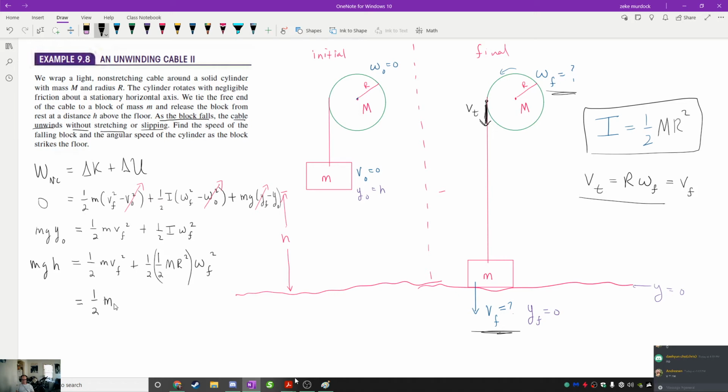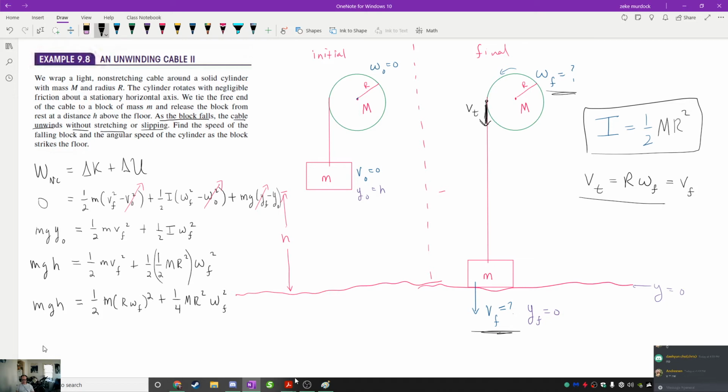So this is going to be m times, so v sub f is now going to be r times omega final. This whole thing is squared, plus half times a half is a quarter. And now we can solve for omega final.